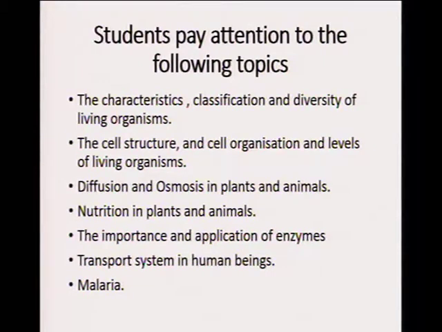Look at classification, starting with a definition of classification, looking at the methods of how we classify living organisms, as well as the diversity of living organisms. Here we are looking at the vertebrates and the invertebrates.